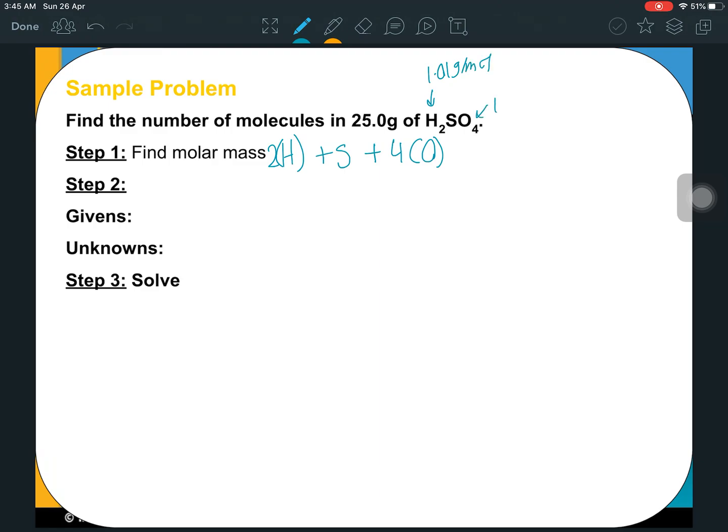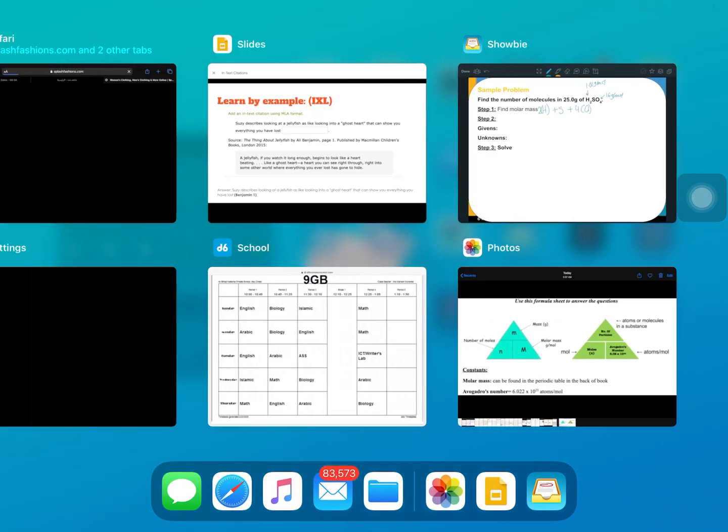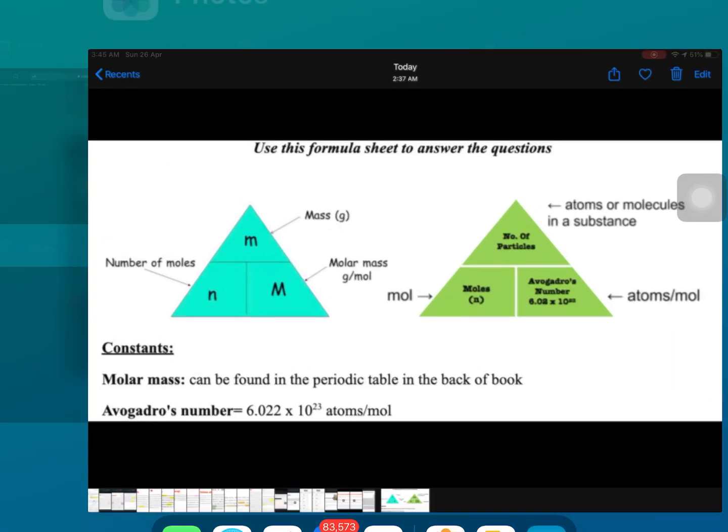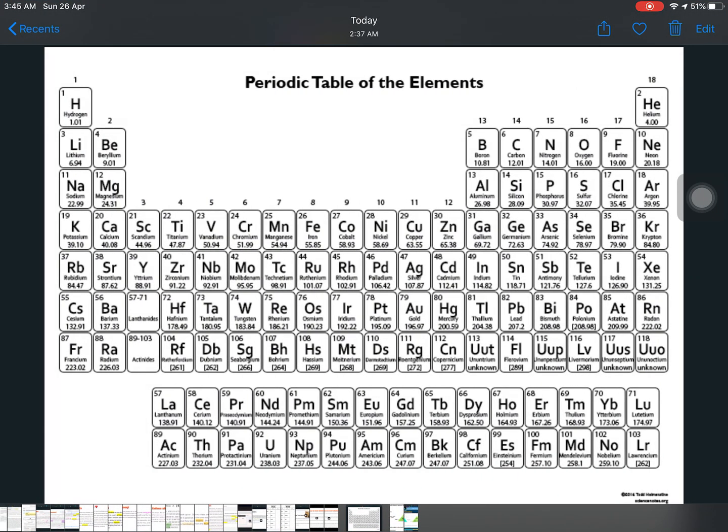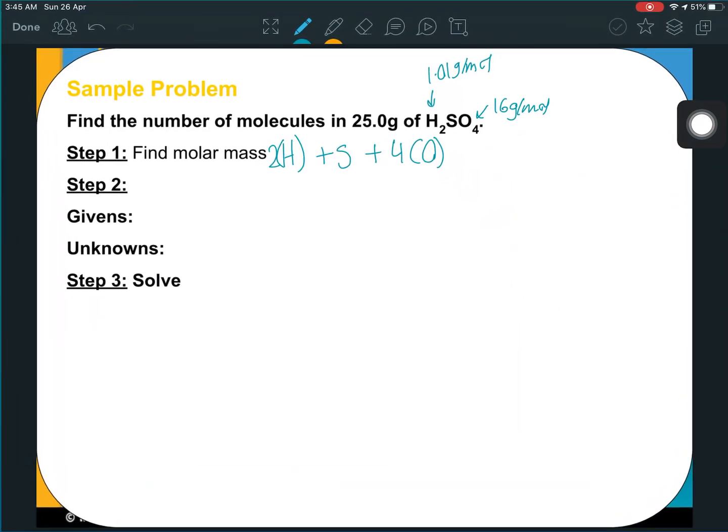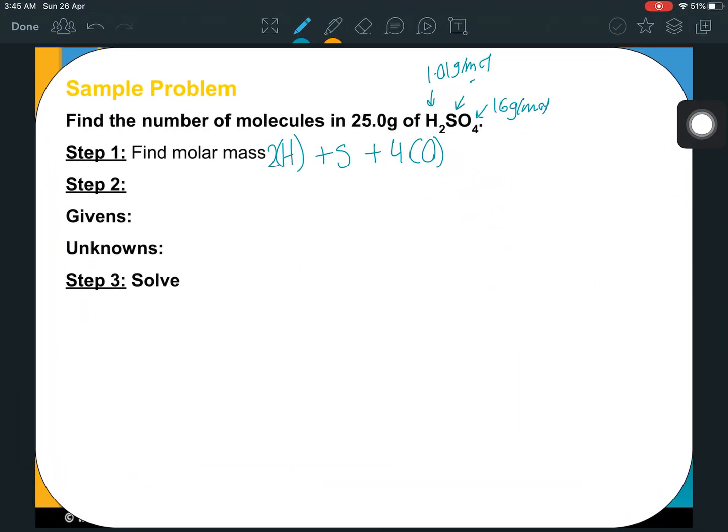I know that oxygen is 16 grams per mole. And let me find sulfur, because I do not have that one just memorized off the top of my head. Sulfur is 32.07 grams per mole.